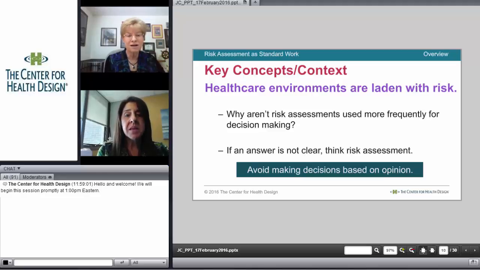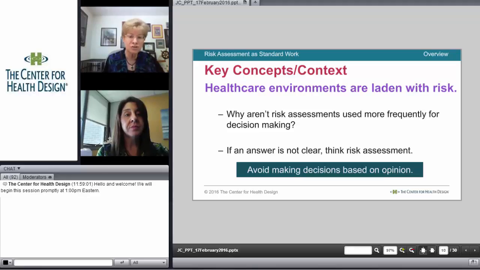Sure, and I think design brings out people's passion. Everybody has a priority to focus on and what's more important to some people. So what we need to do is to start challenging opinions, because a lot of people are passionate about a particular opinion they have. Something has to be done a certain way in healthcare design.